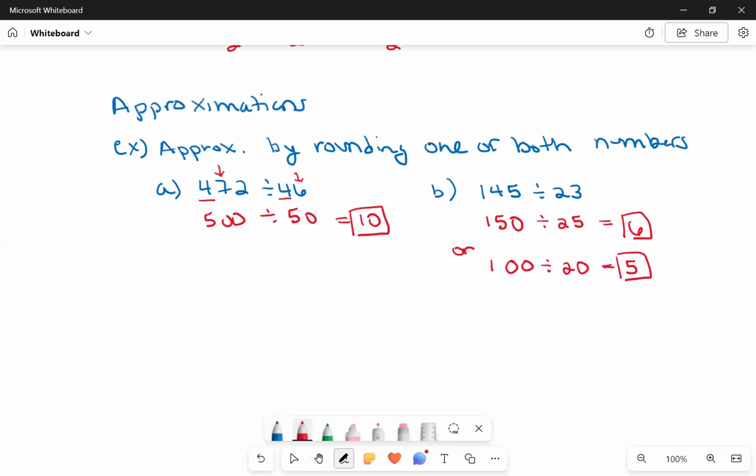Okay, another example with different directions. So this time, the directions say, approximate by first rounding, then using equal quotients.